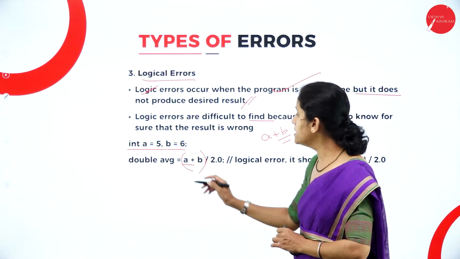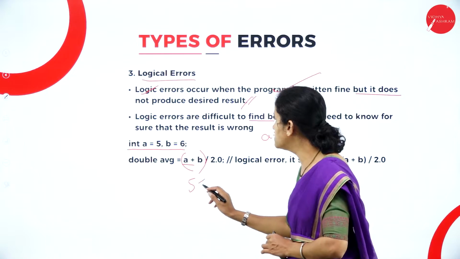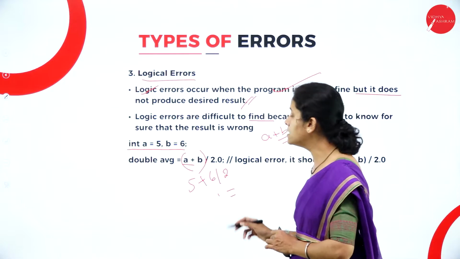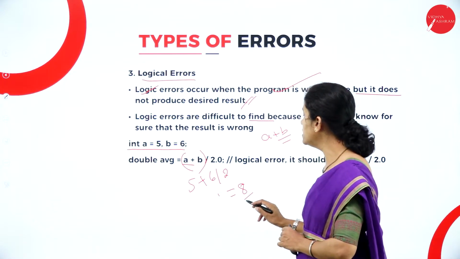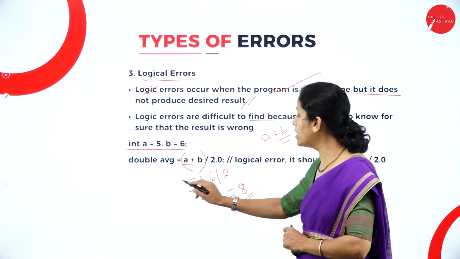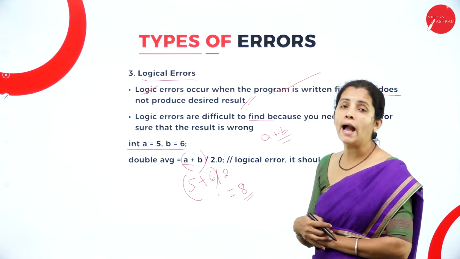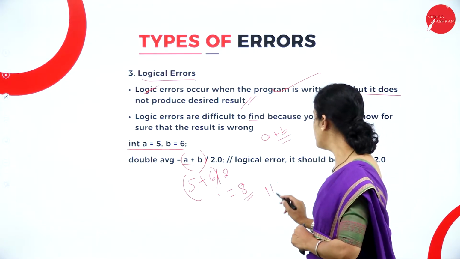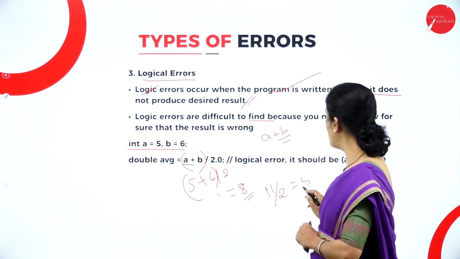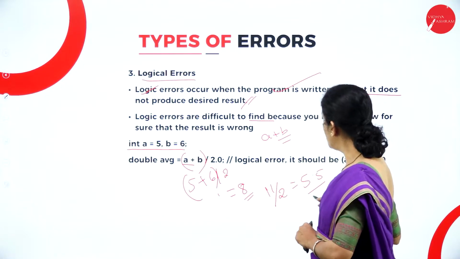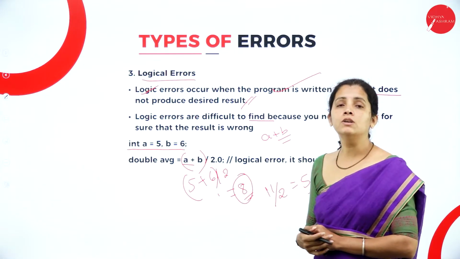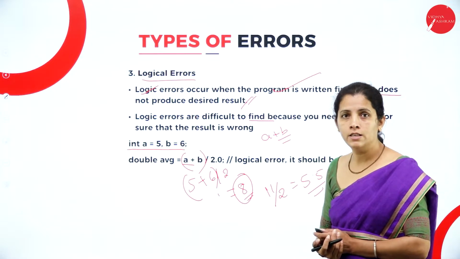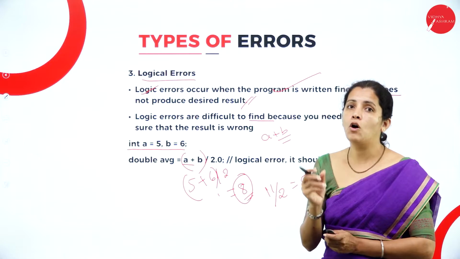So here A is 5 plus B is 6 divided by 2, and the answer I'm going to get is 8. But here I just want to add 5 plus 6, so it is 11. 11 divided by 2, what is the answer I want to get? That is 5.5. But here I'm getting 8. So this kind of error falls under logical error, a mistake in our logic.